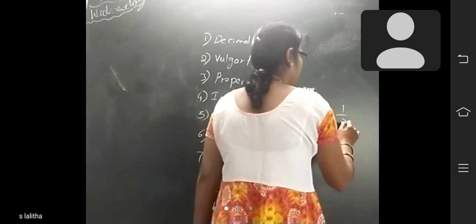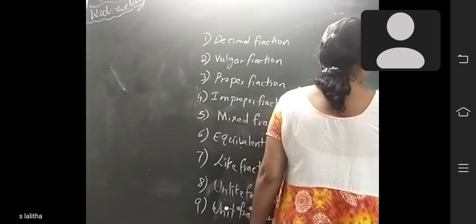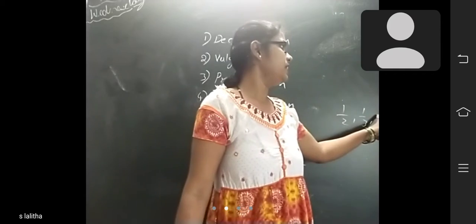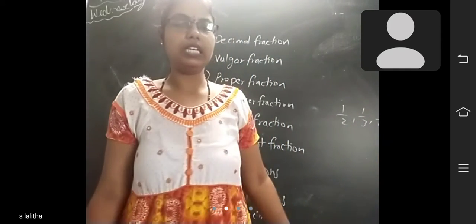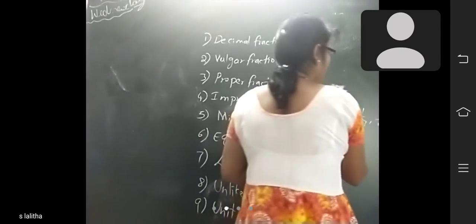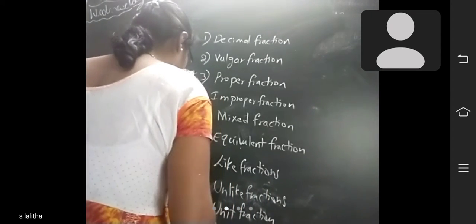So 1 by 2, 1 by 3, 1 by 4, 1 by 50, 1 by 75, like that. So all the numerators are 1. So these fractions are called unit fractions. Did you understand that? Next, irreducible fractions or lowest fractions.